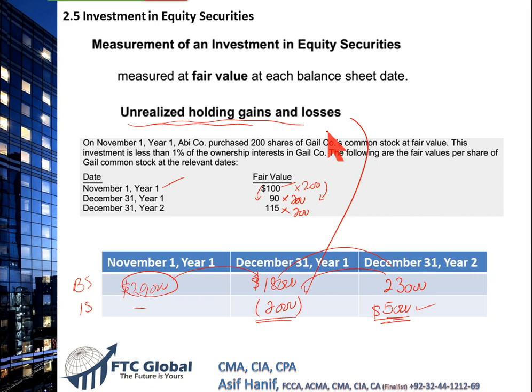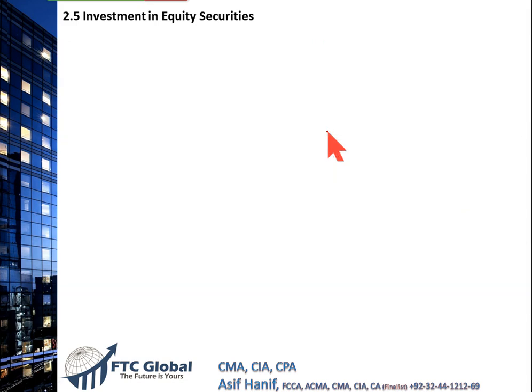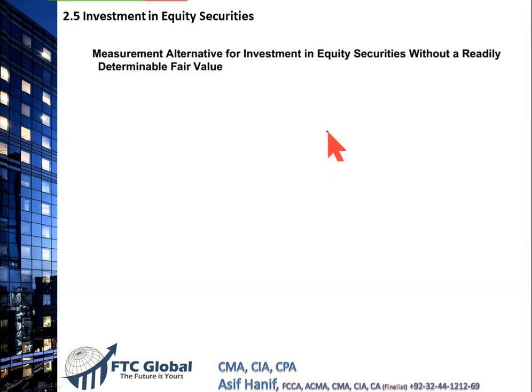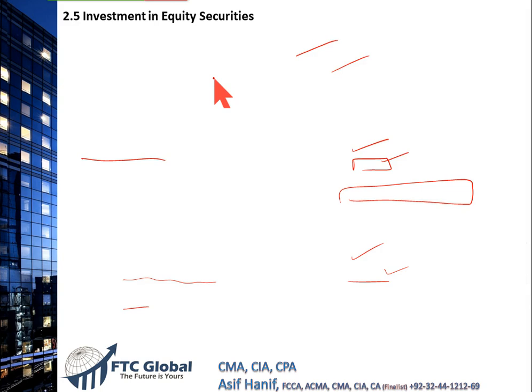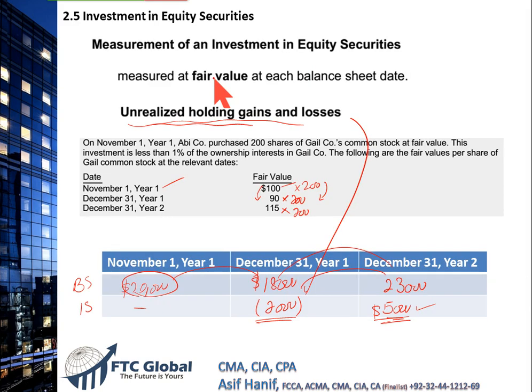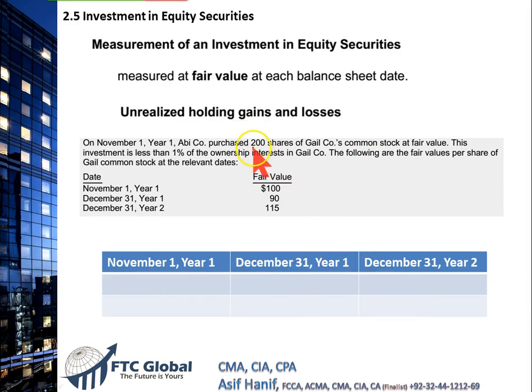Now, this is something new that has been added in your 2.5. What about measurement alternative for investments in equity securities without a readily determinable fair value? What is this all about? So far, the investments that we made in Gale Company, 200 shares, had a readily determinable value.